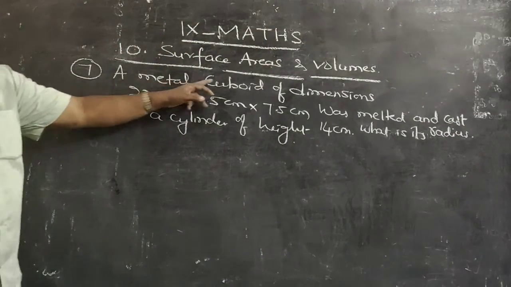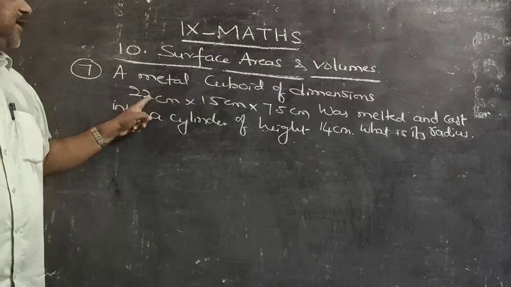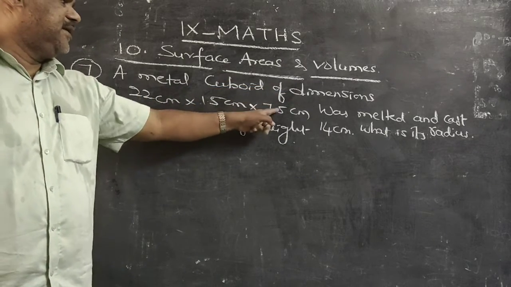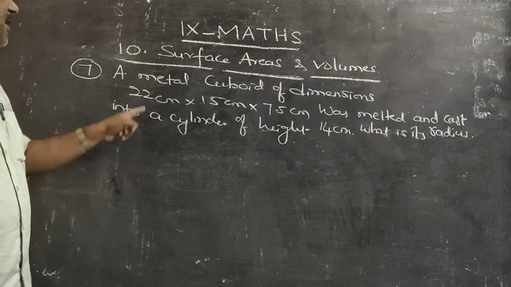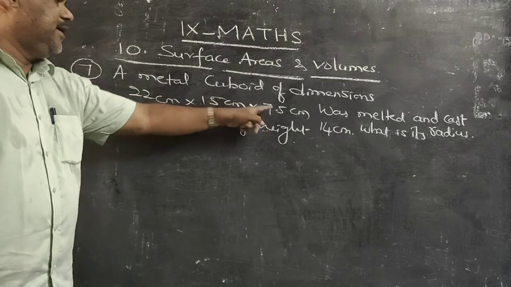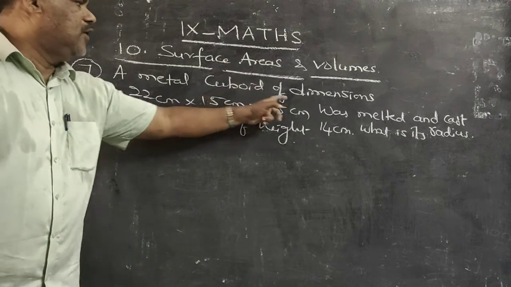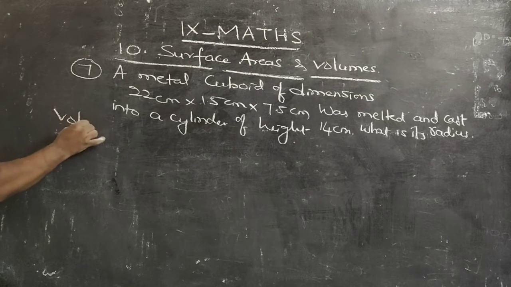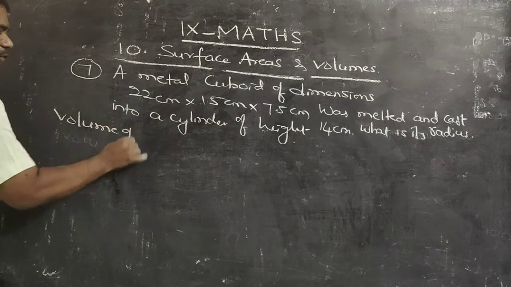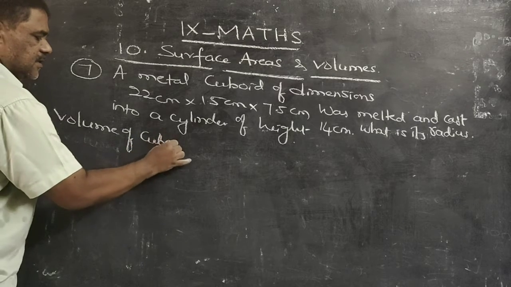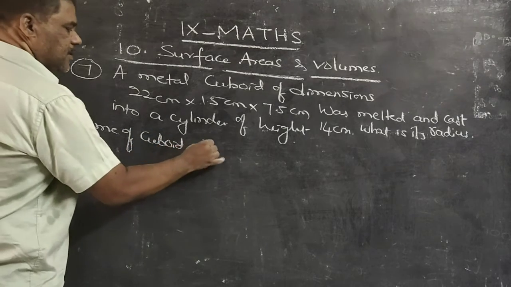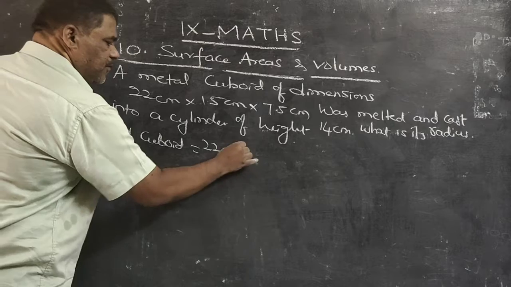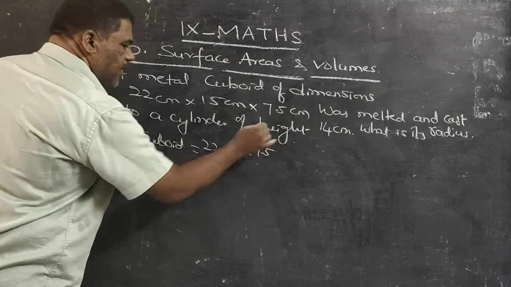A metal cuboid of dimensions 22 centimeters by 15 centimeters by 7.5 centimeters. This is L into B into H, which is nothing but the volume of this cuboid. Volume of cuboid is given as 22 into 15 into 7.5.